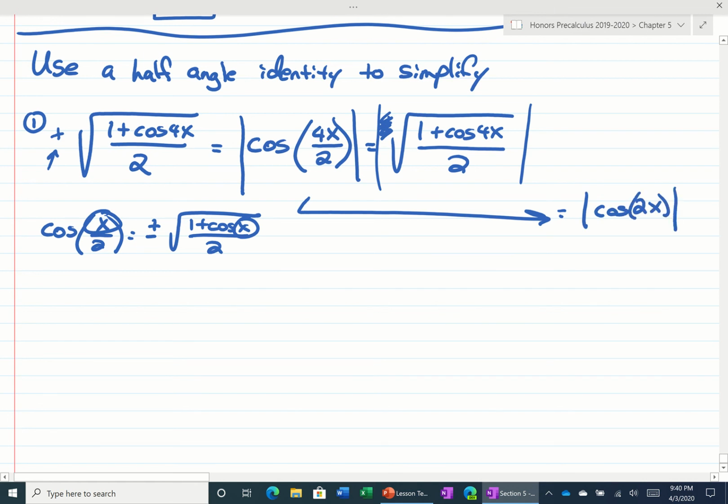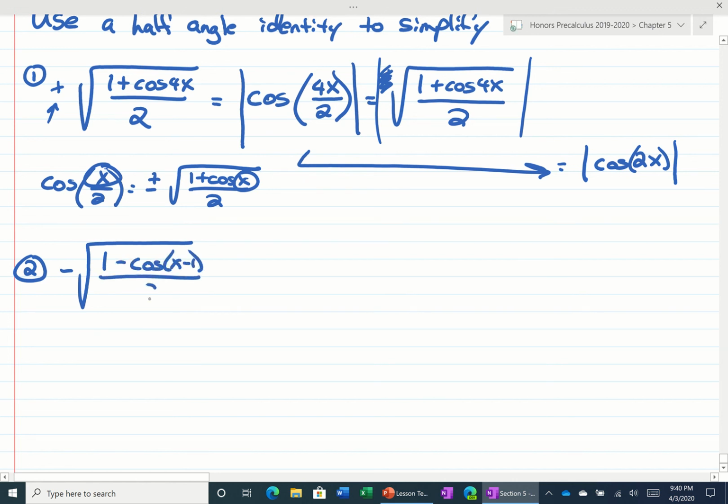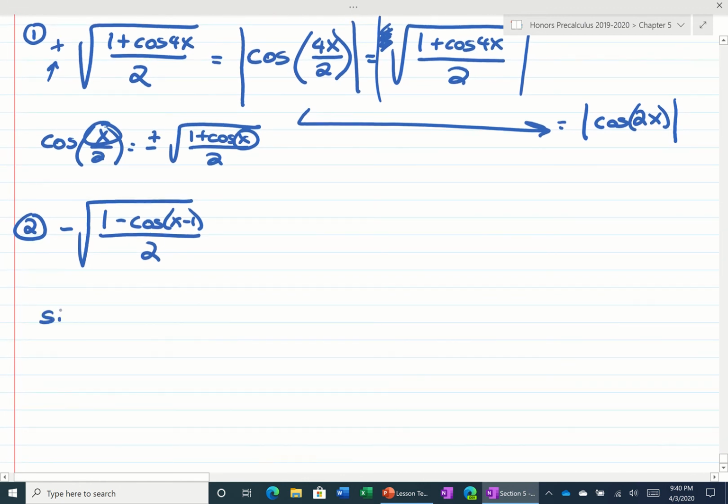Let me show you another example. What if it's a negative square root of 1 minus the cosine of x minus 1 over 2? All right, so I see 1 minus a cosine, so I'm thinking that that's the formula for sine of x over 2, which was plus or minus the square root of 1 minus the cosine over 2.